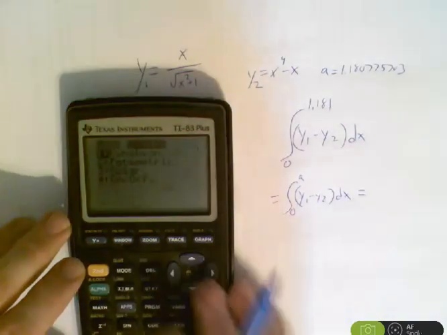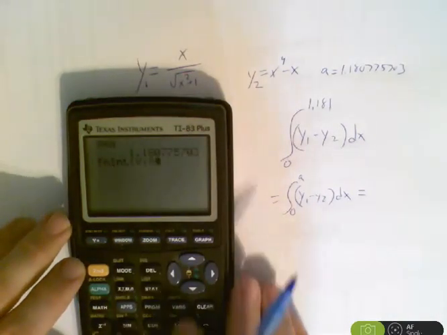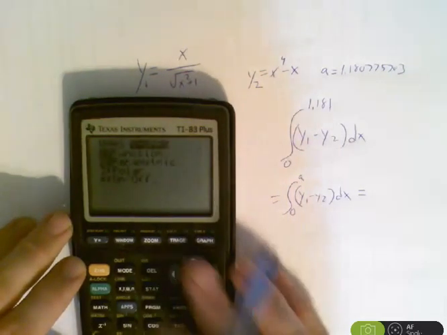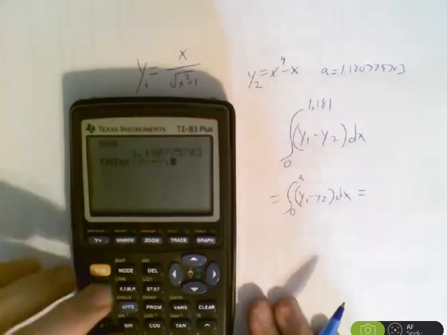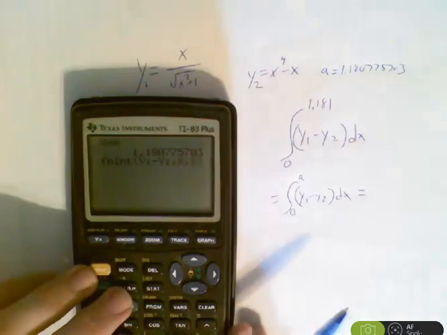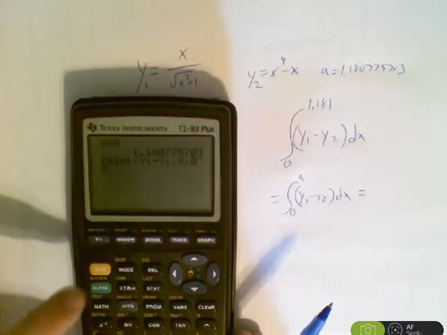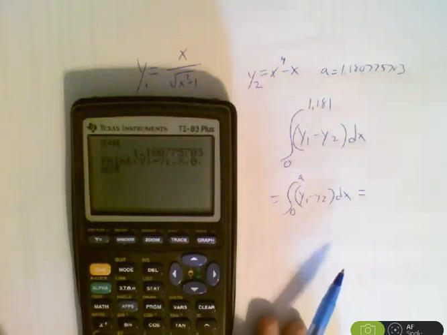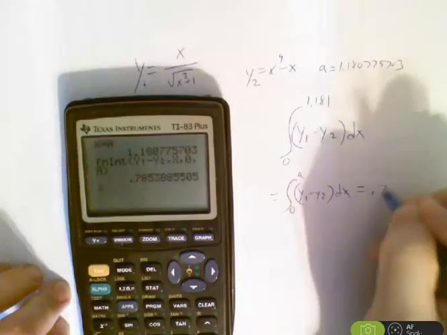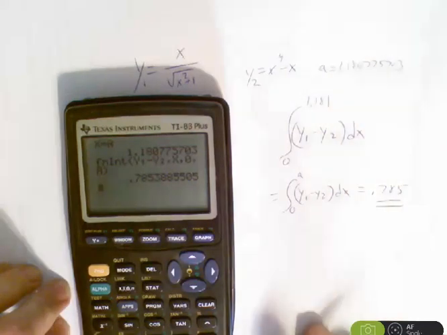So I need to do y1 minus y2. Oops, minus y2. I said it, but I didn't type it. Comma x, comma, I need to go from 0 to A. And that will literally give me everything I need. So 0.785 would be full credit.